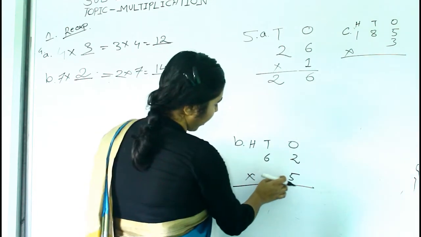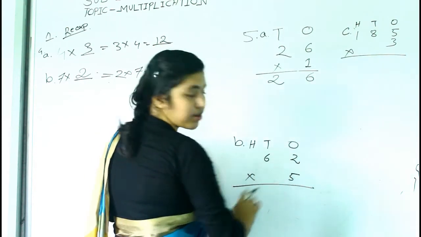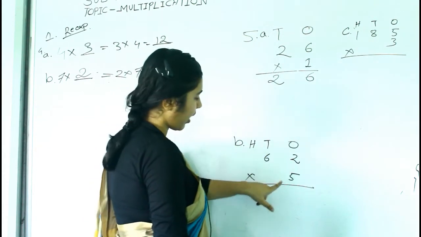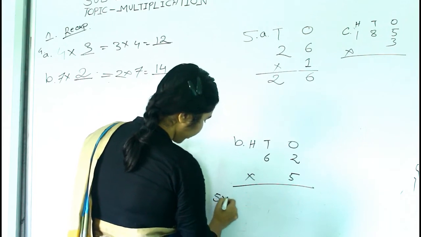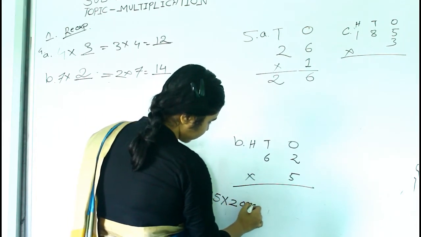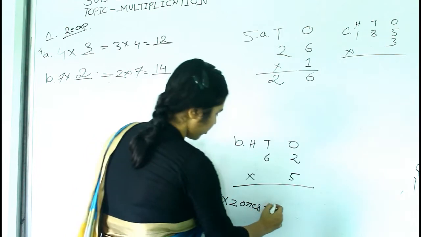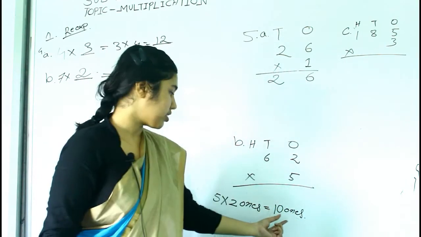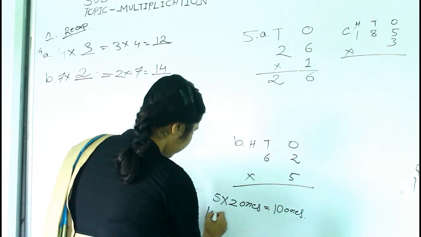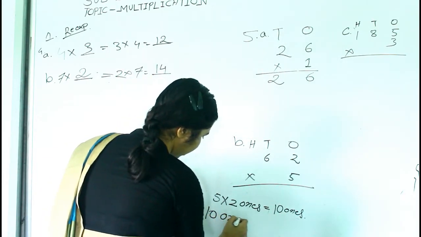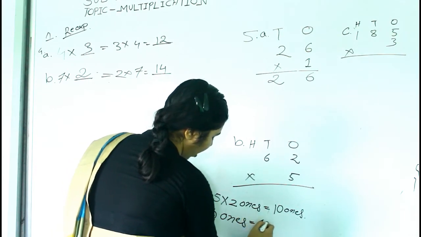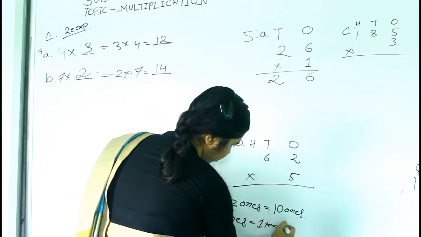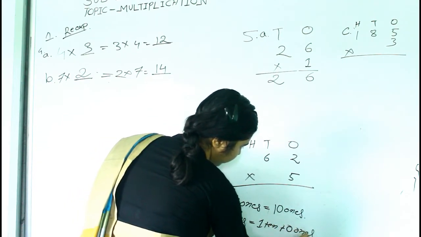Here multiply 62 with 5. 2 is in the ones place, right? Which means multiply 5 into 2 ones is equal to 10 ones. 10 ones means we can regroup this number as 1 ten plus 0 ones, right?